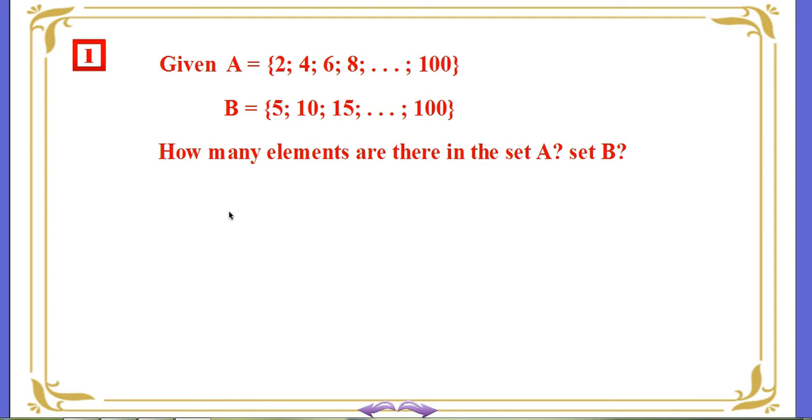Note that the elements in set A are natural numbers separated by 2 units. So the formula for calculating the number of elements in set A is the maximum natural number minus the smallest natural number, dividing by the distance between 2 adjacent numbers. So we have the following result.